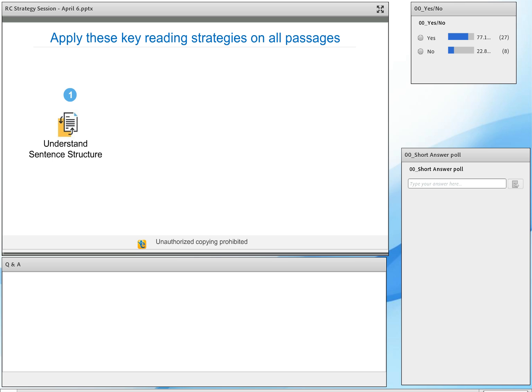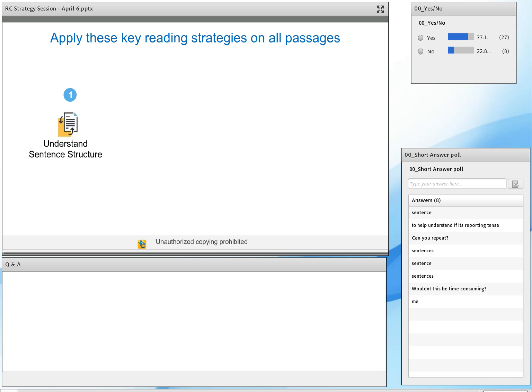Wouldn't this be time consuming? Definitely yes. When you're learning the process, it is going to be time consuming. And I am going to be addressing the timing aspect after we talk about reading strategies and after we discuss the first passage. But for now, just keep that aside. All of this will happen within the timing constraint that you are working with.